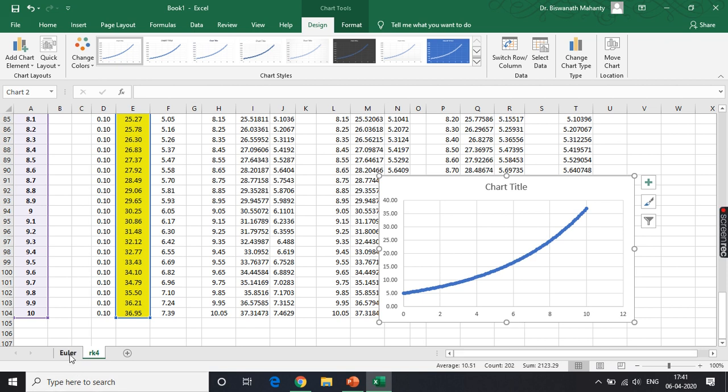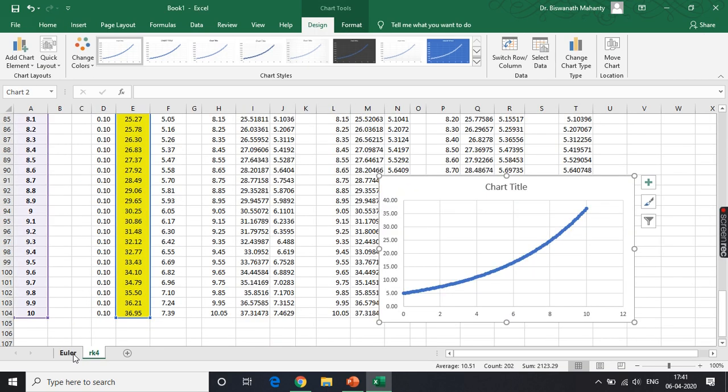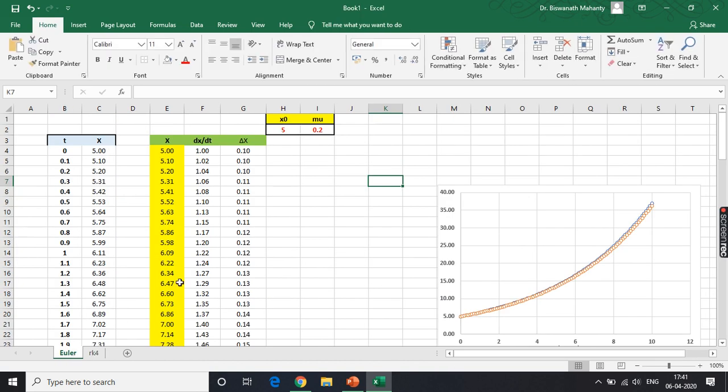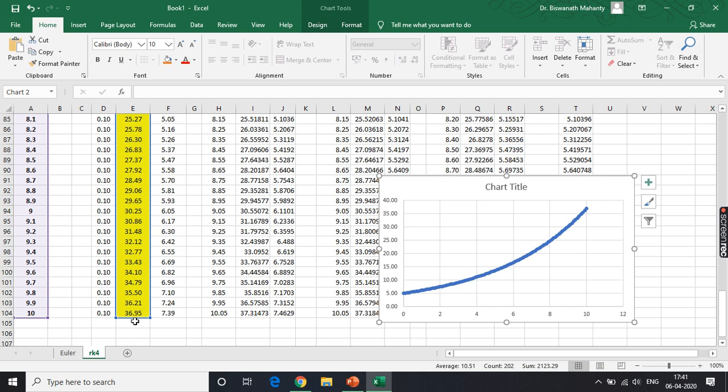And if you see the original solutions from Euler's method, they will be very close. For example, after 10 we are getting 36.95. When we solve using the mathematical approach, rather, not a numerical approach, we already know the calculus we are solving. Then also after 10 minutes the value is 36.95, and with RK4 we are also getting 36.95. That means they are matching perfectly.